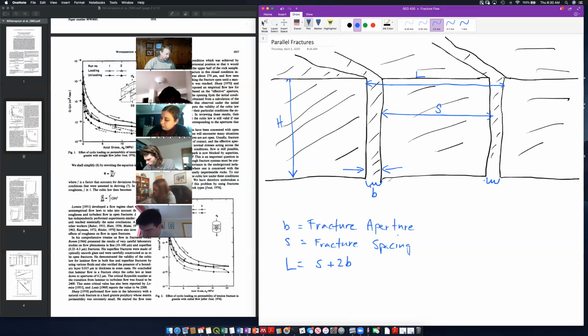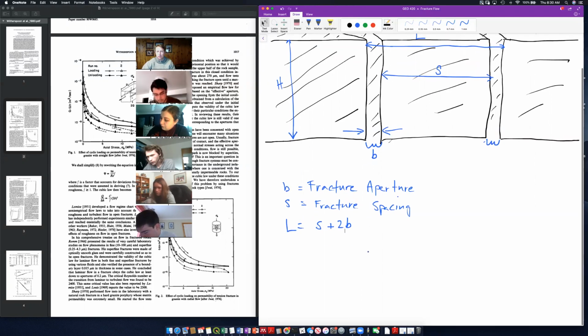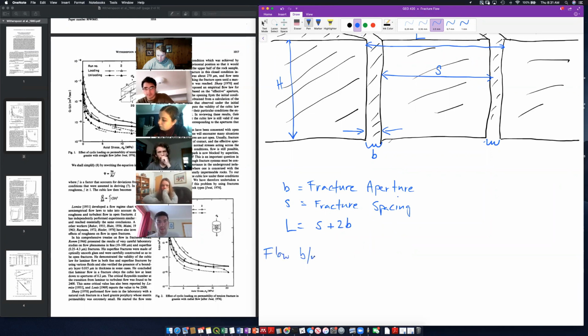Okay, so let's talk about some important features of a fracture. So first of all, from a result in fluid mechanics, there's an equation for flow between parallel plates.